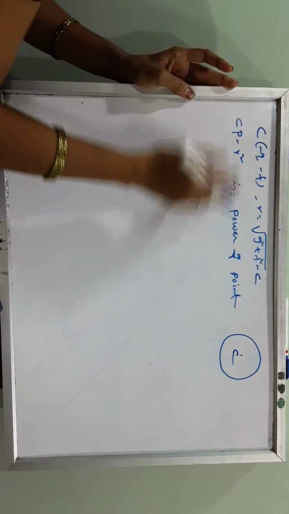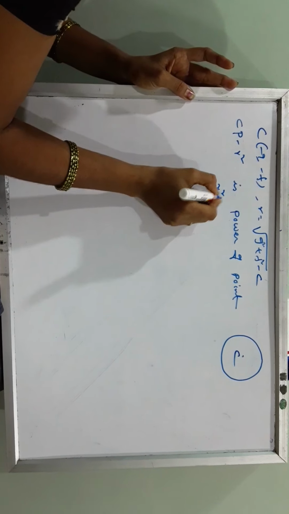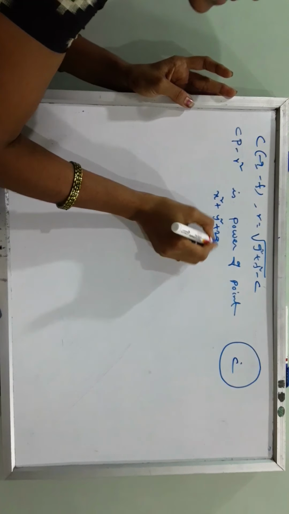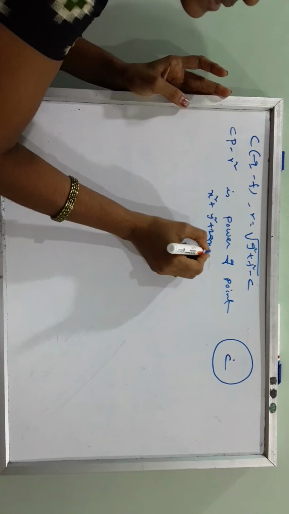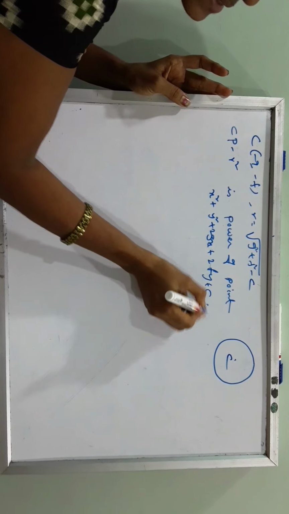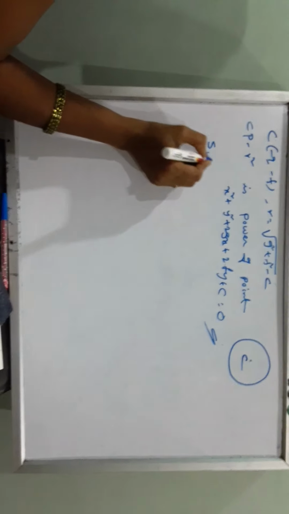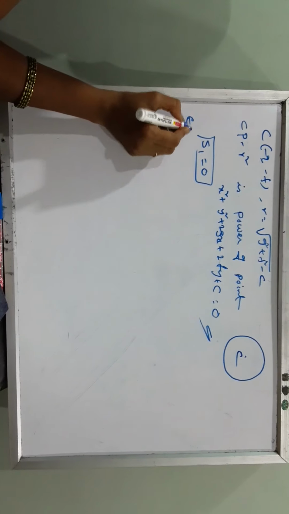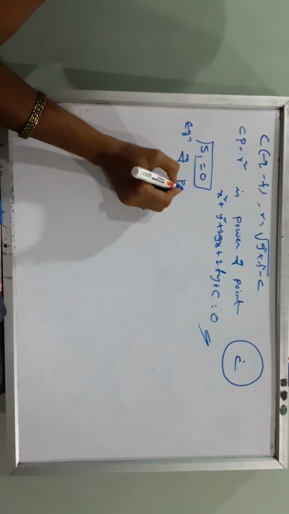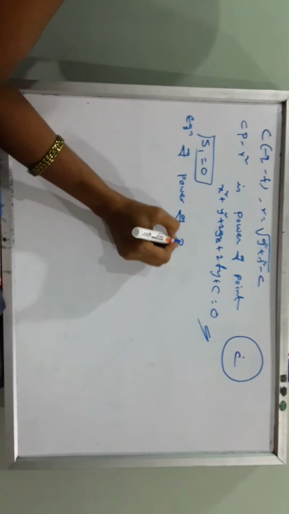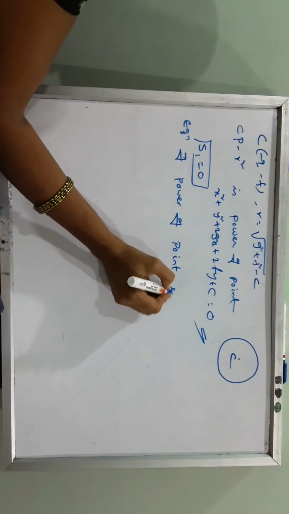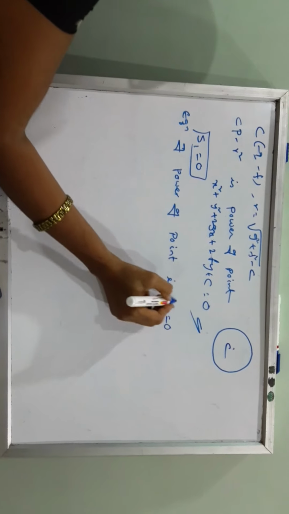CP square minus R square is the power of point of x square plus y square plus 2gx plus 2fy plus c is equal to 0. The equation of power of point is S1 is equal to 0.